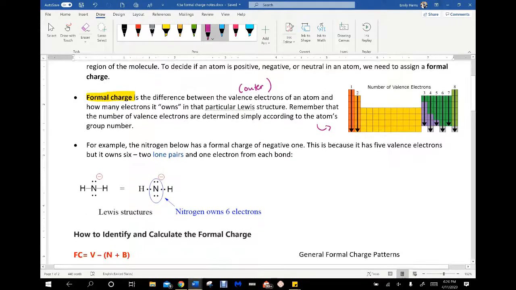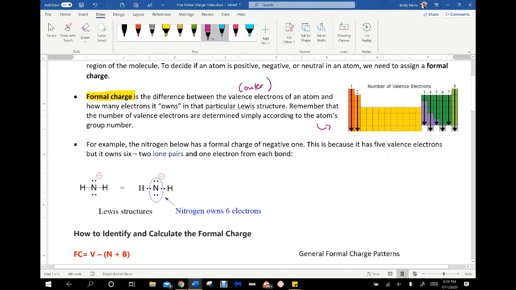The way you go about calculating the formal charge is you first note the valence electrons that atom has. Here, our atom in question is nitrogen. If we looked on our periodic table, we would find nitrogen in group 15, or in other words, group 5A.